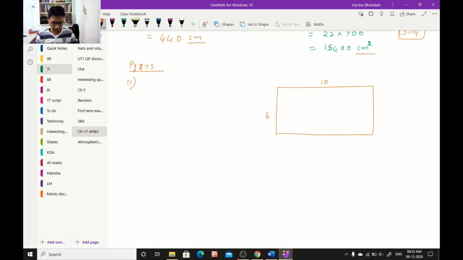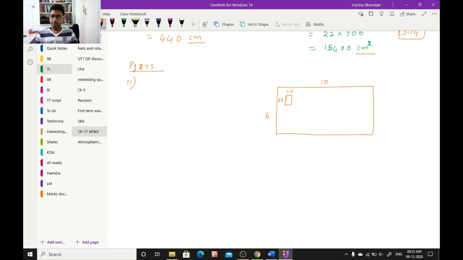There are 4 windows, each 2.5 meter by 1.5 meter. I'll write one window here. And the measurement of this window, there are 4 such windows. One window is 2.5 meter by 1.5 meter.